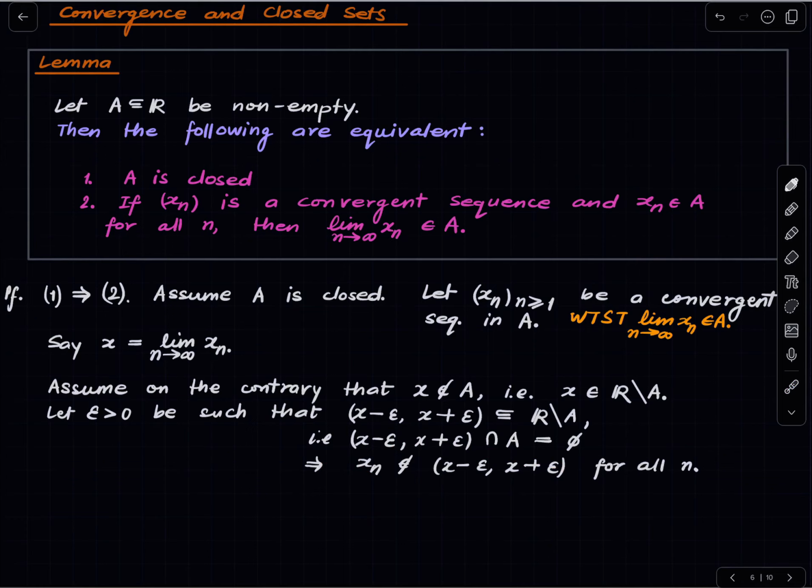Why is this? Because this interval does not intersect A, so it does not contain any point of A, and all the points of the sequence are points of A because the sequence is contained in A. So in particular, this will not contain any point of the sequence, but we already knew that Xn is here ultimately, because x was the limit of Xn, and that is a contradiction.